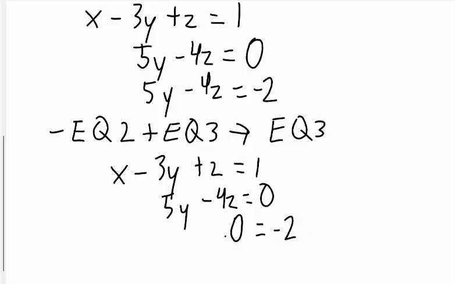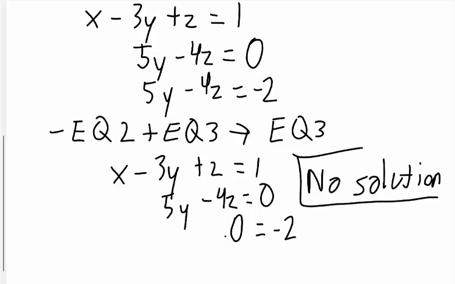We have 0 equals negative 2 as our third equation. That is a false statement. This system, therefore, has no solution. No solution.